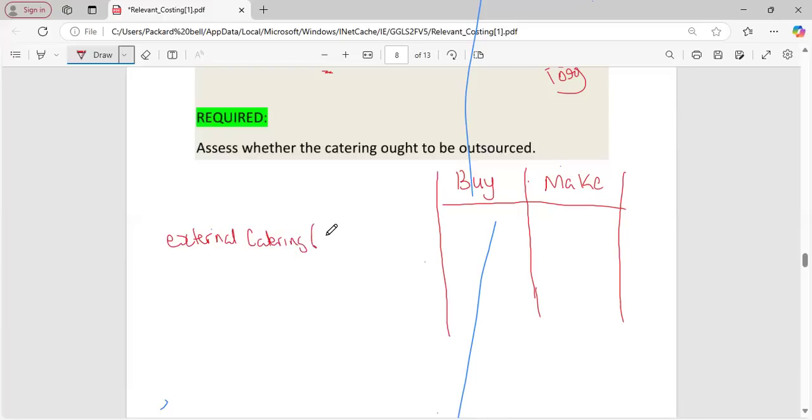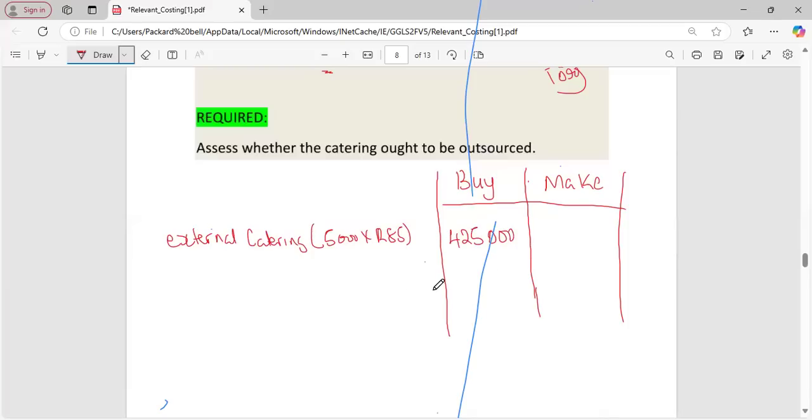So it's going to be 5,000 times 85. How much are we going to have there? 425,000, am I right? Yes. 425,000 if we do external catering.